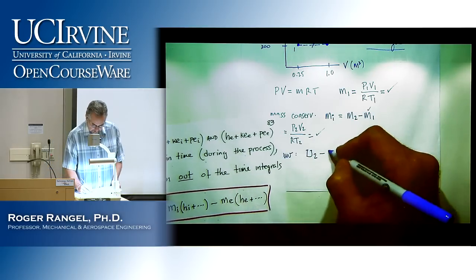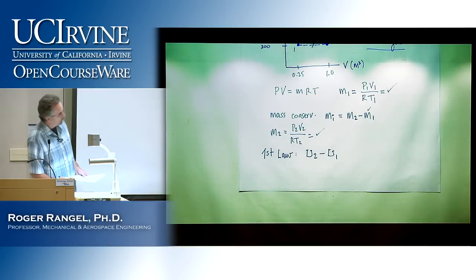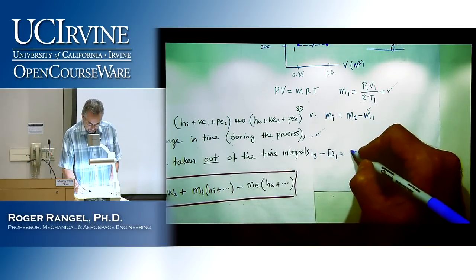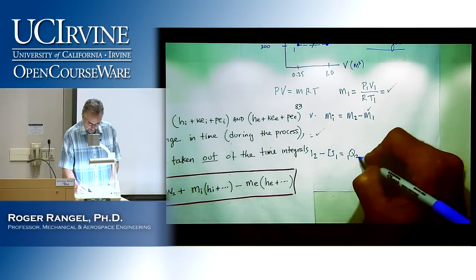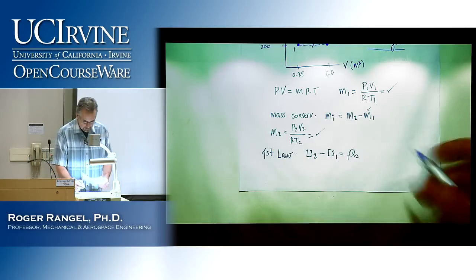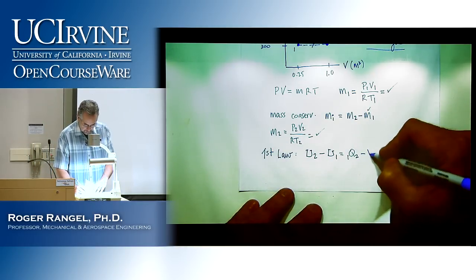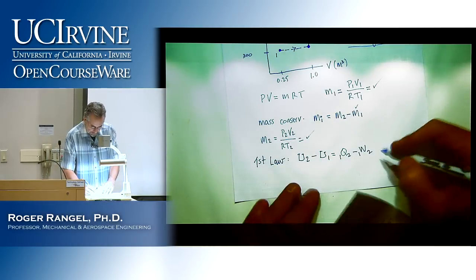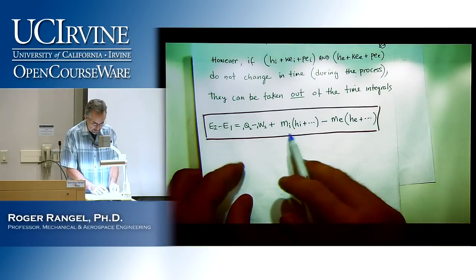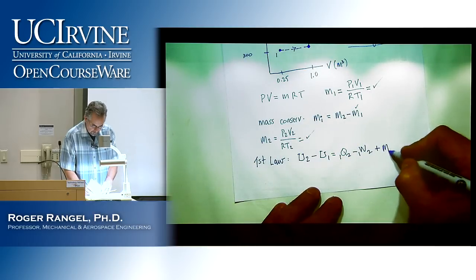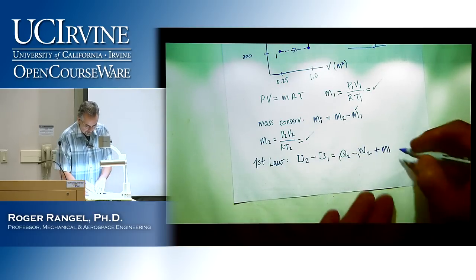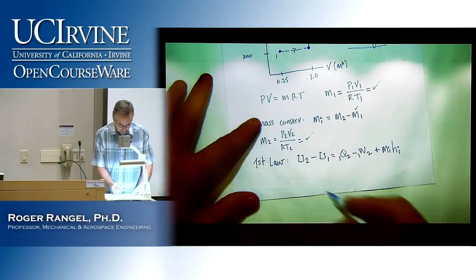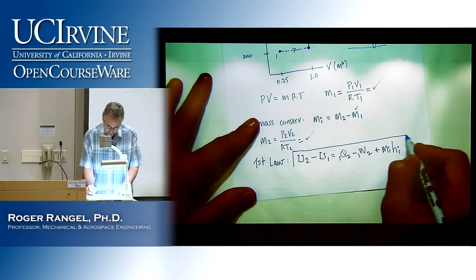E1 will just be internal energy, U1, neglecting kinetic energy and potential energy. I have Q12 that I was asked to determine. I have W12 that I was also asked to determine. And then the only term that I have is, of course, MI times HI. So that's my first law of thermodynamics for this problem.